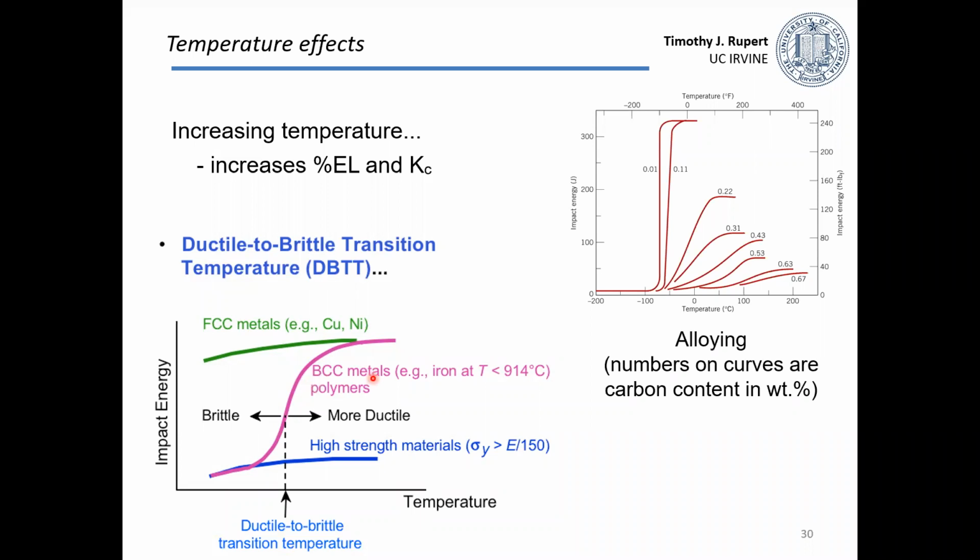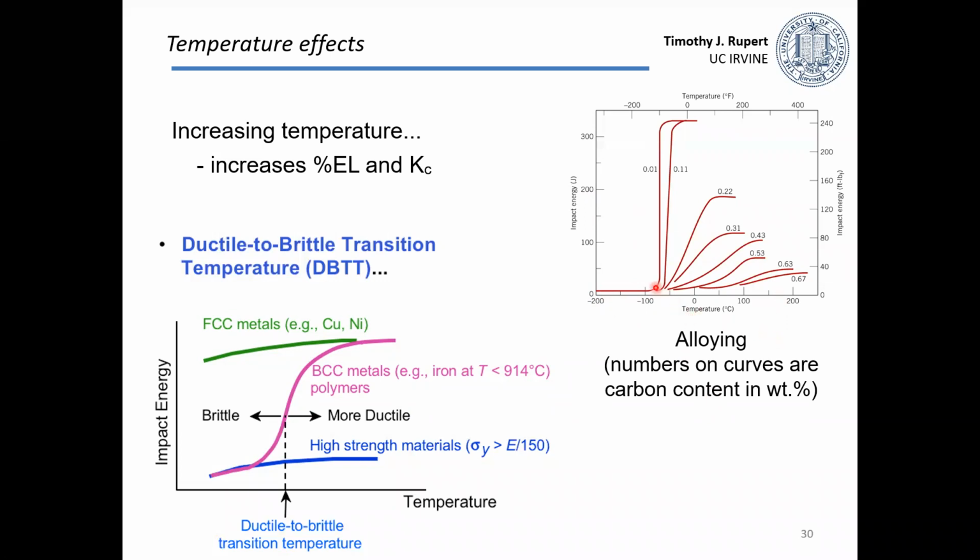These types of behaviors can also be affected by other aspects like the purity of the material. This plot is showing data for impact energy versus temperature for steels with different carbon content. These materials are all brittle, with low impact energy required to break at really low temperatures, but the temperature at which they transition is a strong function of how much carbon is in the sample.